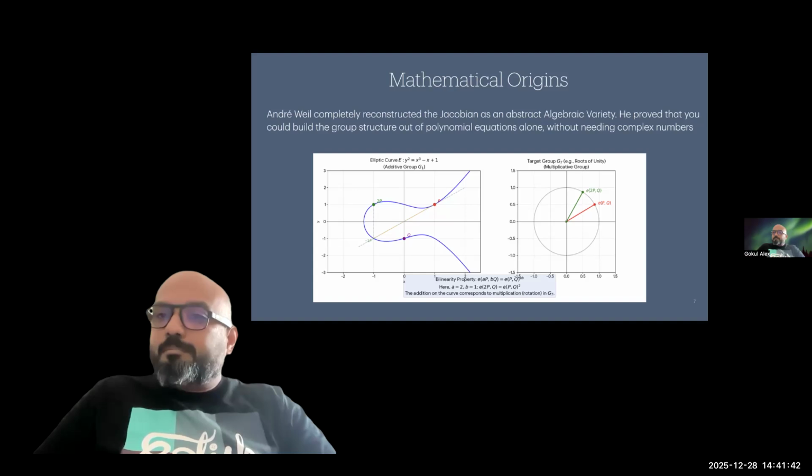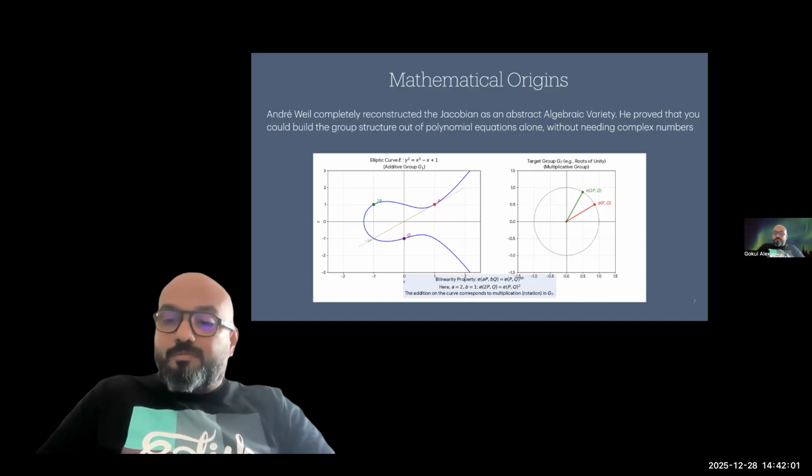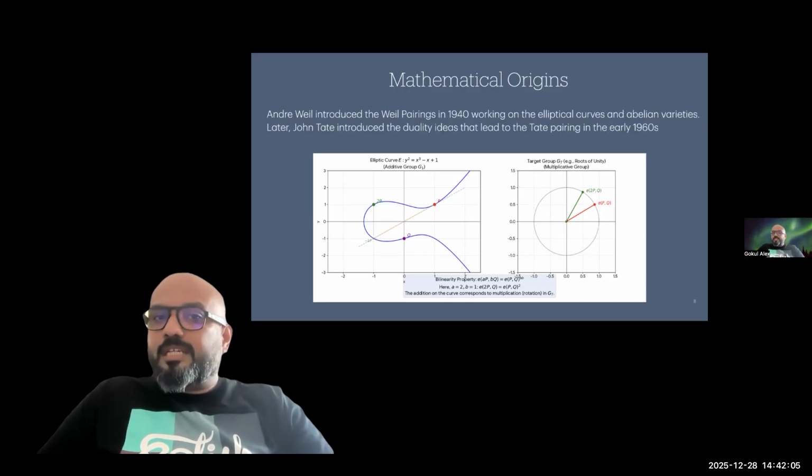In his approach, he completely reconstructed the Jacobian as an abstract algebraic variety. He proved that you could build a group structure just by using polynomial equations alone, without needing complex numbers. This was a massive achievement, a milestone. So Andre Weil introduced Weil pairings.